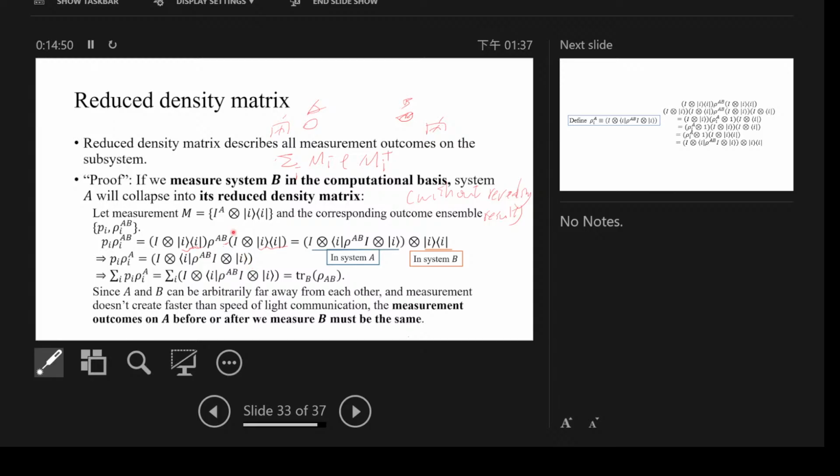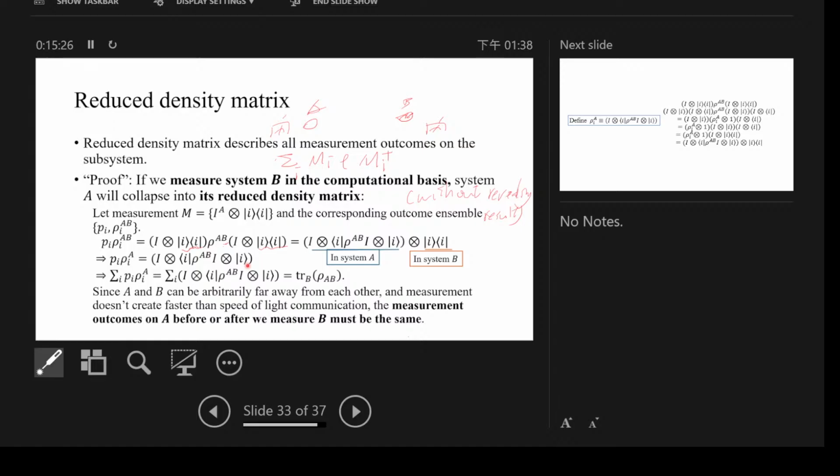Okay, and so if we throw away system B and never reveal this result i, then on system A we just have this kind of state: this rho_i mixed with probability p_i. So the total density matrix on system A should be the sum over i of p_i rho_i, and you see that it's exactly you doing trace B on rho AB. Okay, so this is kind of a proof.